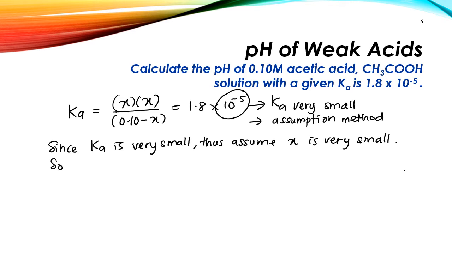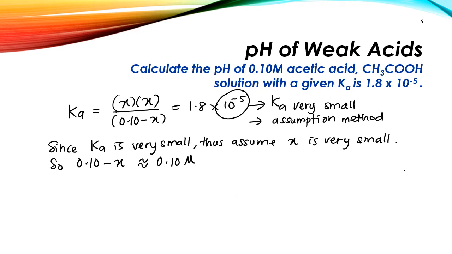So from the dissociation of the acid, 0.10 molar minus X, X is very small, so we can neglect the value of X and use 0.10 molar only.